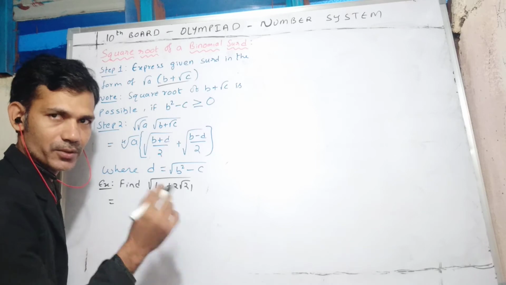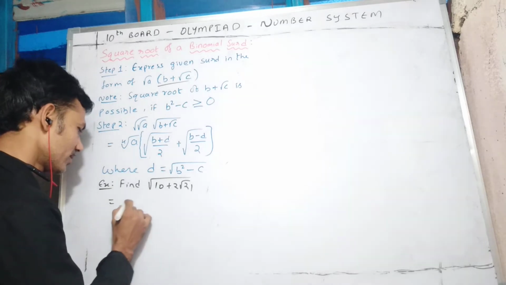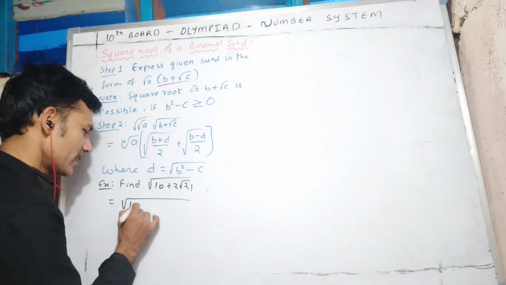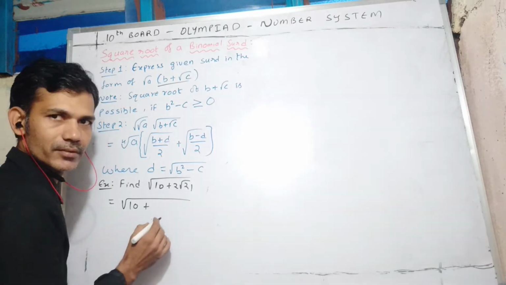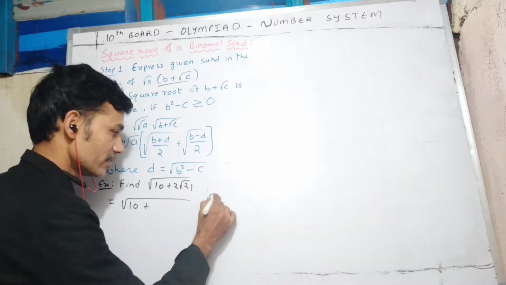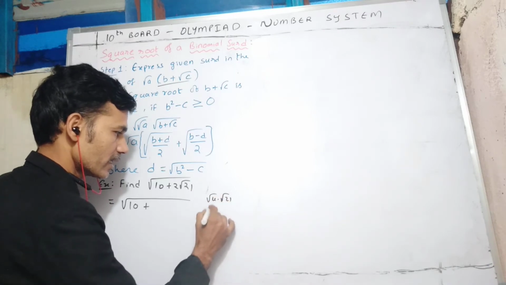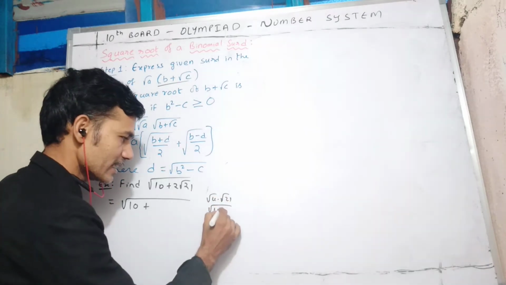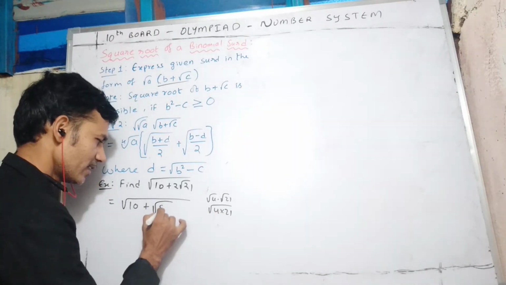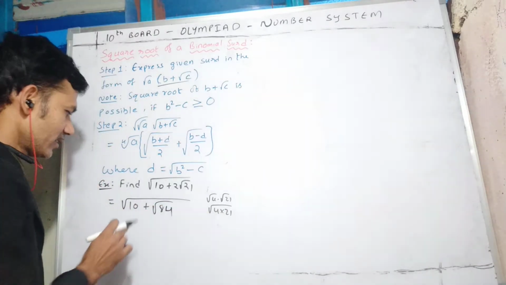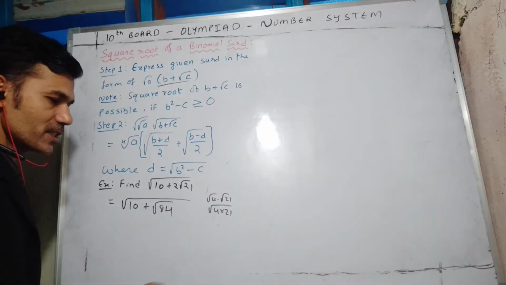Under root of 4 is nothing but 2. So you can use algebraic identities, root 4 into root 21. You can use laws of radicals. So 4 times 21 is 84. So now it is in the form of b plus root c.